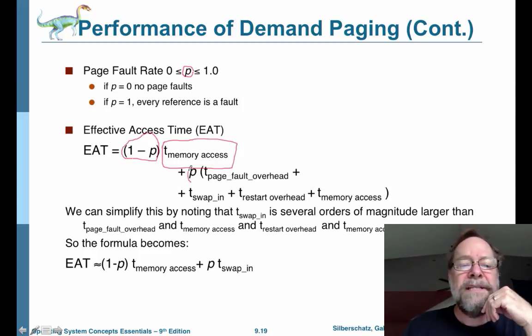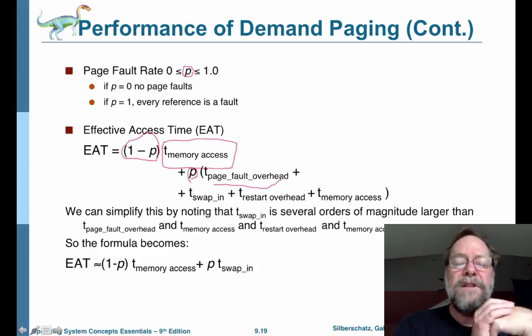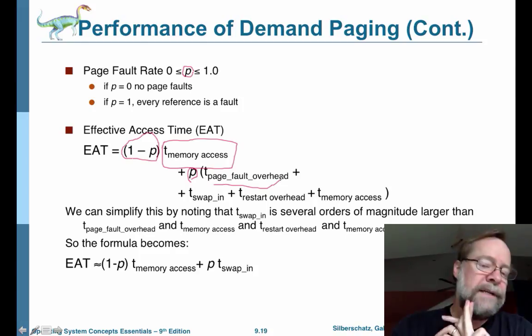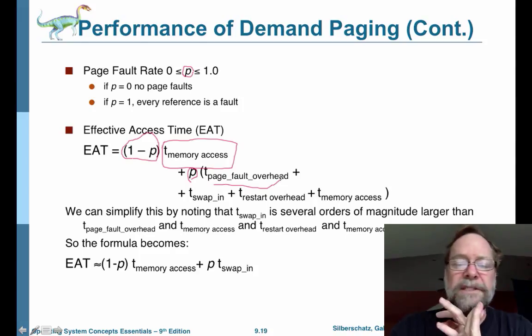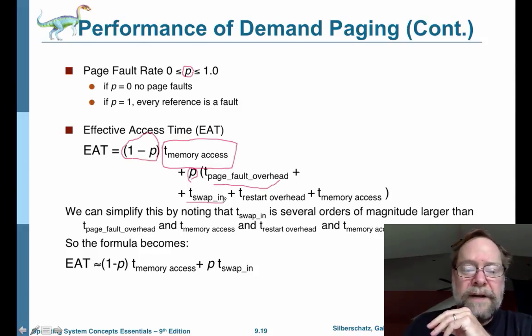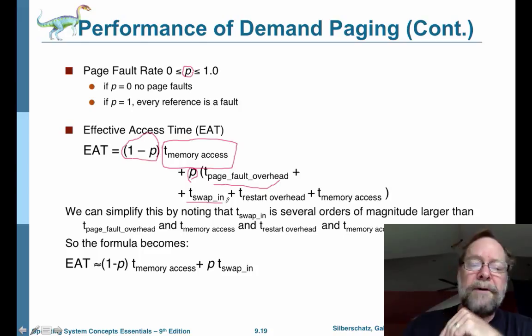If, however, there is a page fault, so that's proportion p over here, then the total time it's going to take to do the page fault, we're simplifying here a little bit, there's going to be some overhead for the page fault to occur. The exception gets thrown, we've got to save all those registers, switch to the kernel so it can do some stuff, and then we have to pay the cost for actually accessing the hard drive and bringing the page into memory.